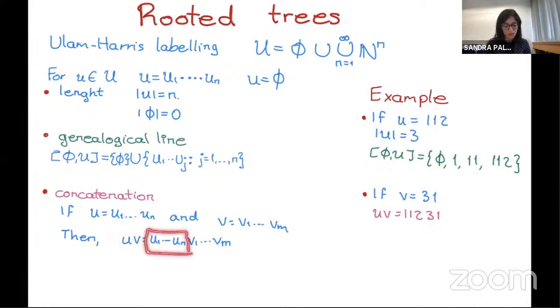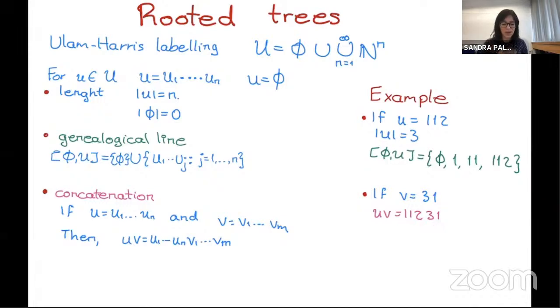I put first u1, ..., un, and then the next part of the vector will be v1, ..., vm. So in my example, if I have u equal to 1, 2, 3, then the length is 3. And its genealogical line is conformed by the empty set, 1, 1 2, and 1 2 3. If I have this extra vector v equal to 3, 1, then the concatenation of u and v will be 1, 2, 3, 3, 1.